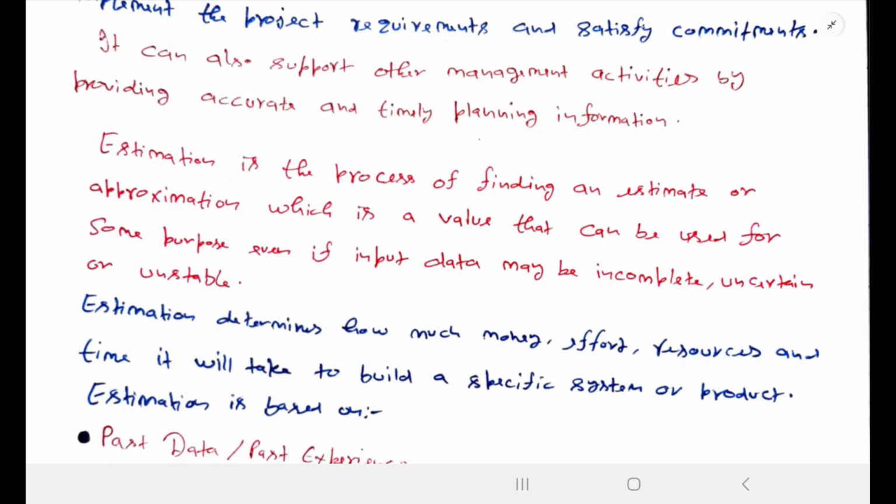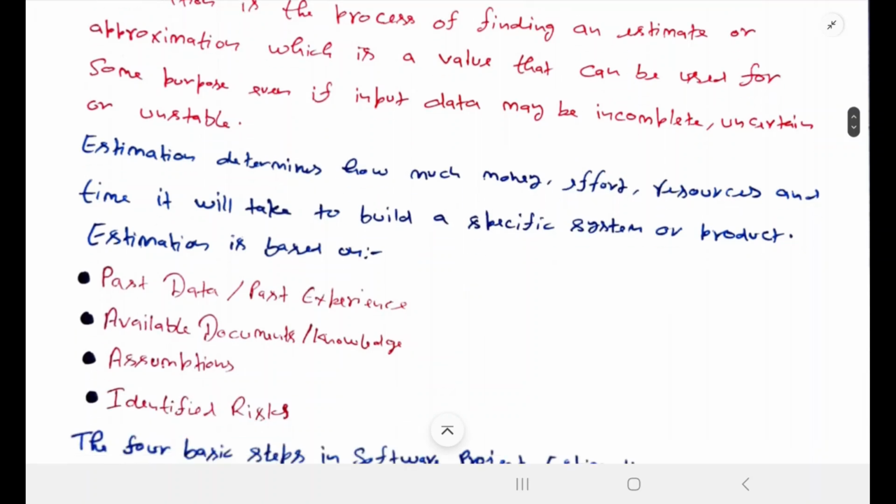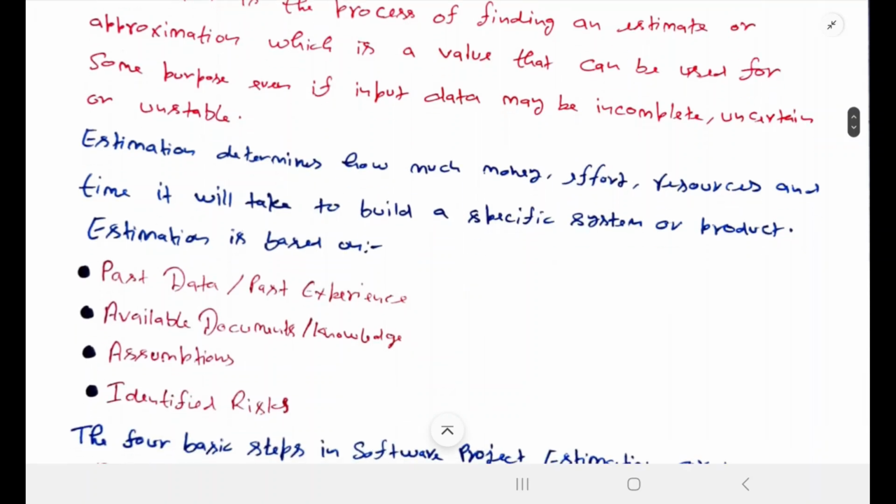Estimation determines how much money, effort, resources, and time it will take to build a specific system or product.